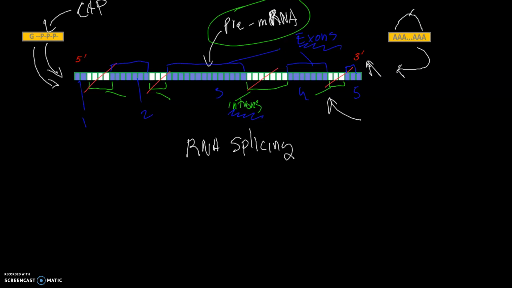So that means that this segment of exons doesn't have to be 1, 2, 3, 4, 5. They don't have to line up in that way. They could be 1, 3, 2, 5, 4, or 5, 4, 3, 1, 2. So with each splicing, it leads to a different code, and therefore the synthesis of a different polypeptide.